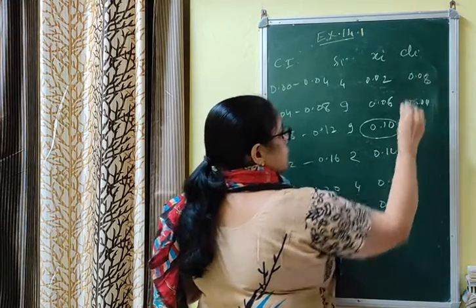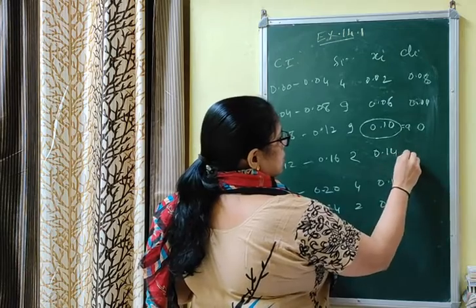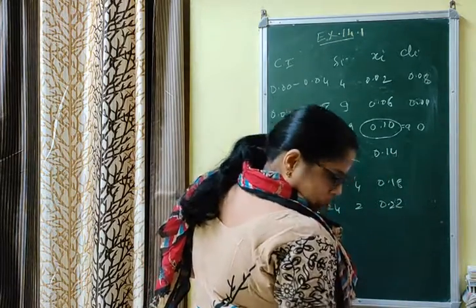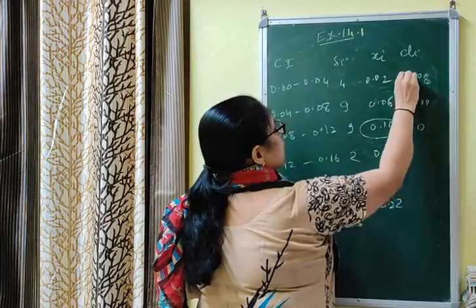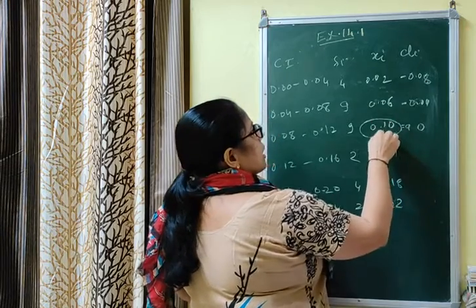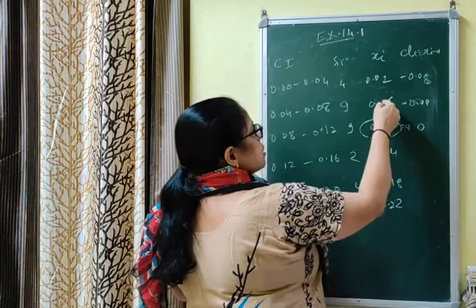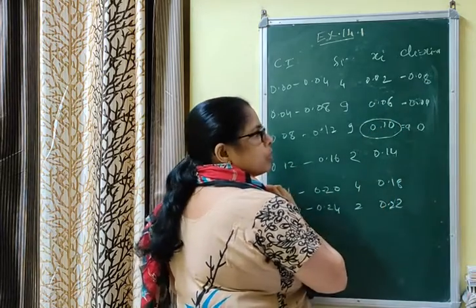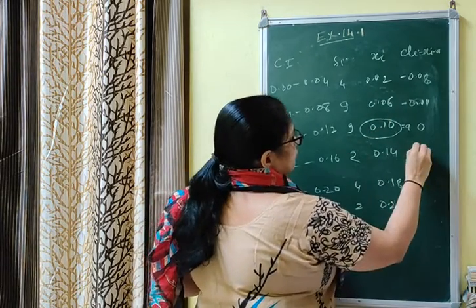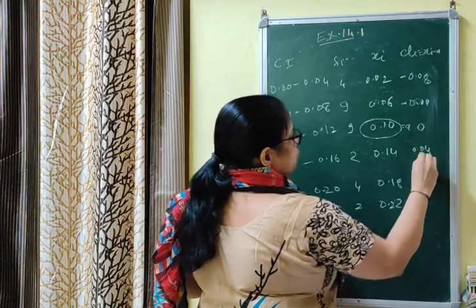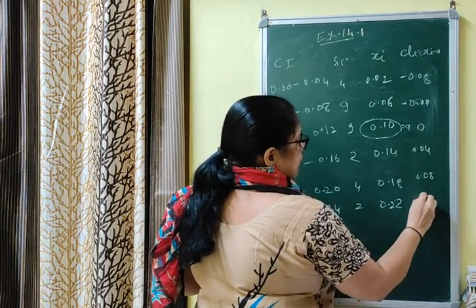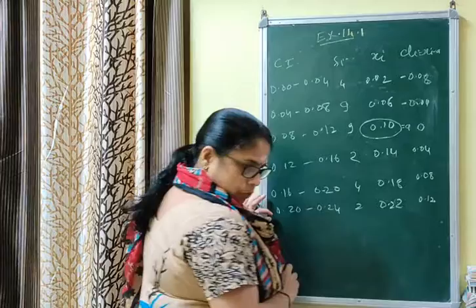Here you will get again. This is minus 0.04 because di is xi minus a. What is the formula of di? xi minus a. That means from 0.06 we are subtracting 0.10. Here the opposite sign will come, 0.04, 0.08. The last one more will remain, 0.12.